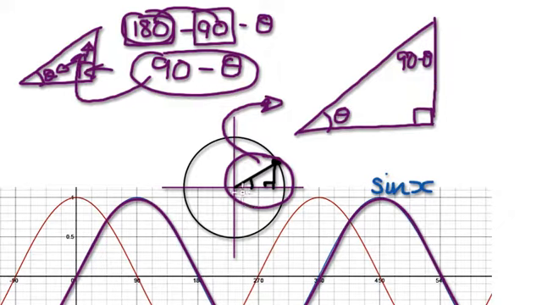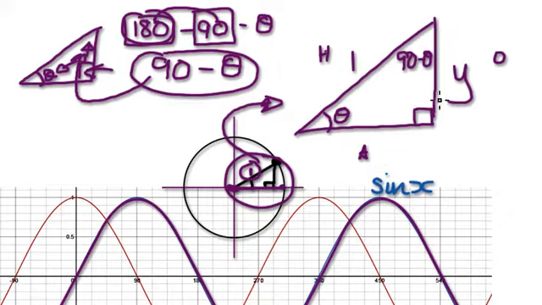Now this circle is of radius 1, so the hypotenuse here is 1. Now remember, the sine of theta represents a height. Let's just call it y. You want to know what y is. Using this as a reference point, we have opposite, adjacent, and hypotenuse.